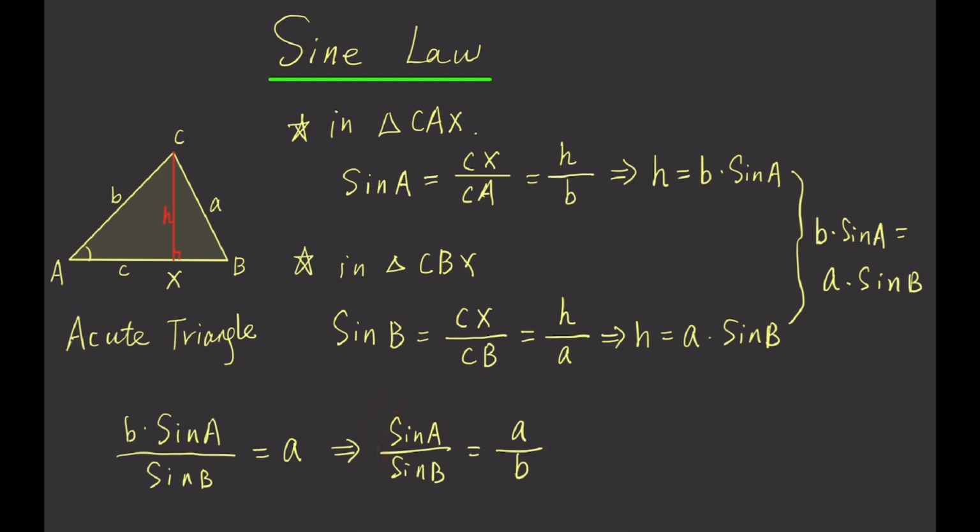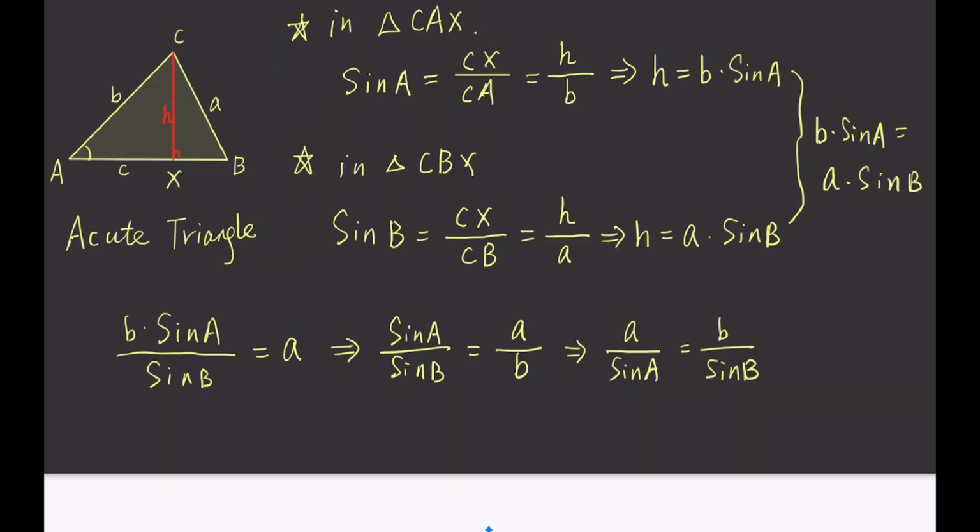That is, sine A over sine B equals this side over this side. Go on. We can rearrange this equation like this. A over sine A equals B over sine B. That is, we use this numerator over this numerator equals denominator over this denominator. So this is the new equation.